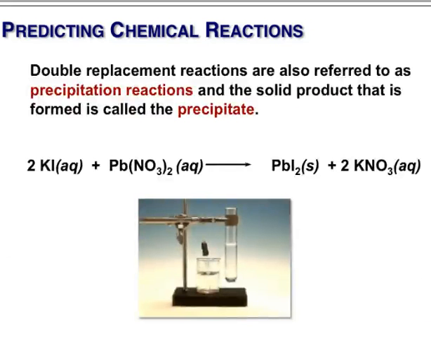Double replacement here. We take potassium iodide in solution, lead nitrate in solution, lead 2 nitrate. We will wind up with solid lead 2 iodide and potassium nitrate left in solution.